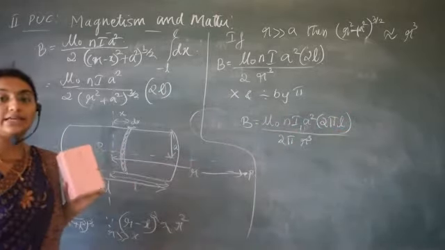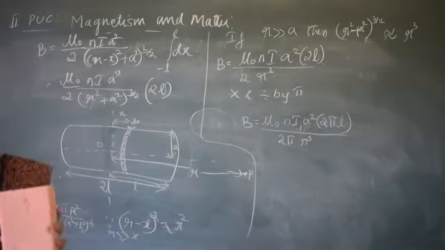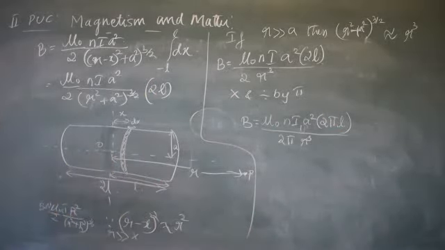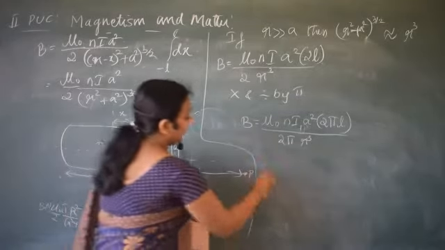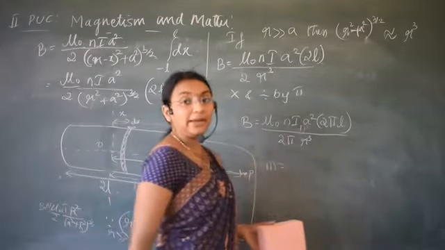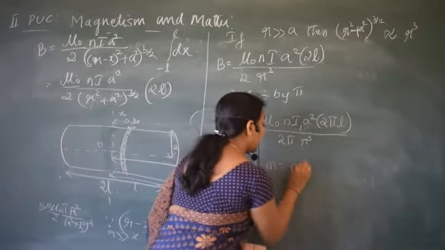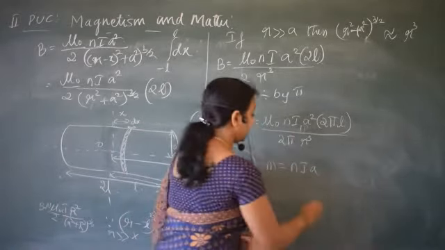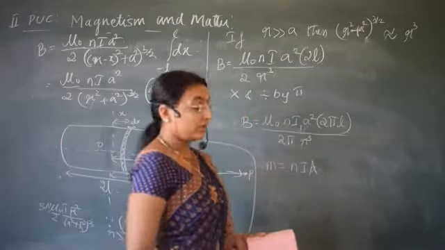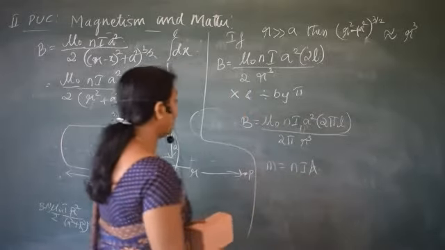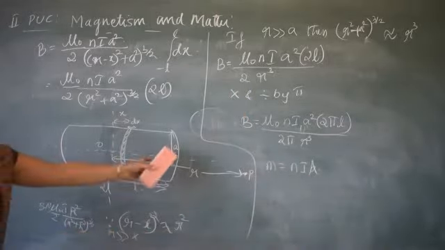Correct? What is the expression for the magnetic moment? M is equal to I a square. Correct? Sorry, I into A. Magnetic moment is equal to I into A. But for n number of turns, n I A. Correct? A is nothing but area. But what is the area here? Pi a square. a is nothing but the radius.